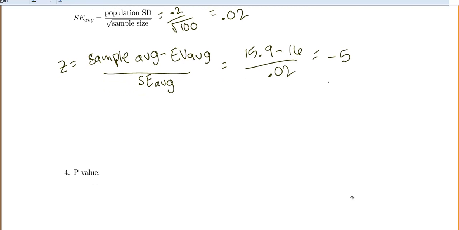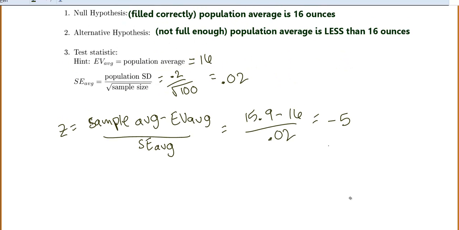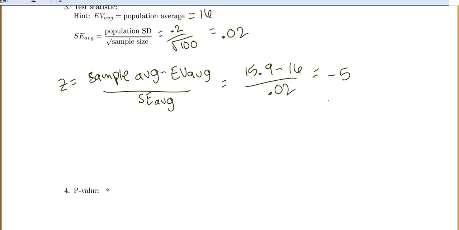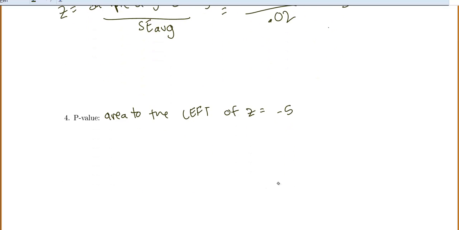Now let's find the p-value. So because we're looking for the population average as less than 16 ounces, we're going to look for the area to the left, left for less, the left of Z equals -5. So here's Z equals -5. We're looking for the area to the left.